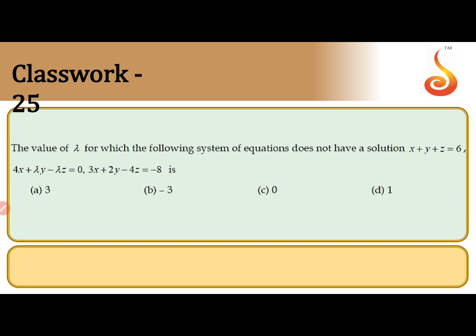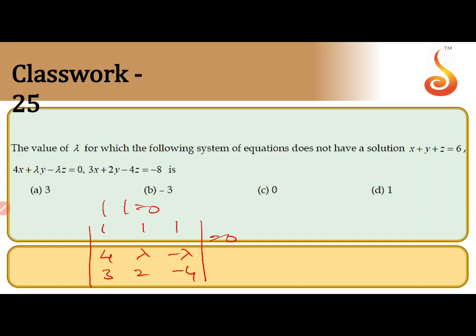The value of lambda for which the system of equations does not have a solution. The system of equations does not have a solution means that determinant equal to 0. So what is the determinant of the matrix here? I will solve here. 1, 1, 1, 4, lambda, minus lambda, 3, 2, minus 4 equal to 0.